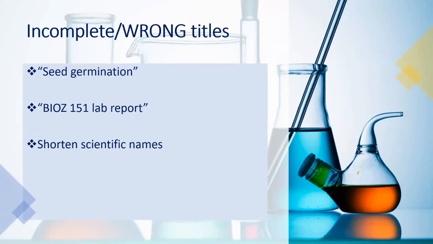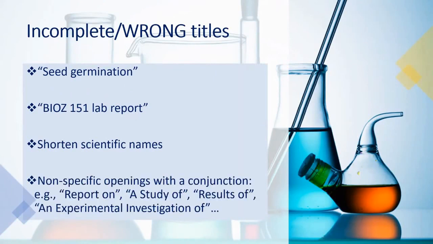Adding non scientific openings like "a report on", "a study of", "result of", "an experimental investigation of" doesn't necessarily make it wrong, but it is not important. You want your title to be specific and right on the nail.